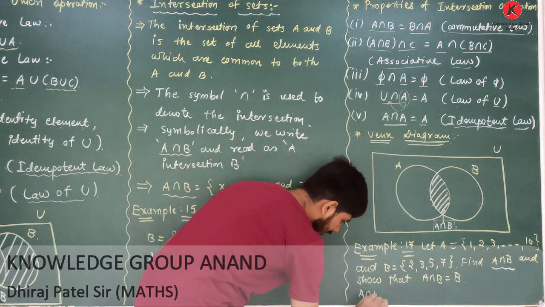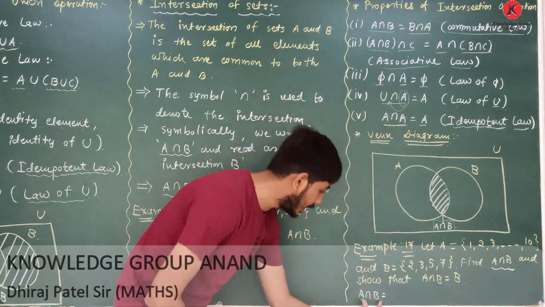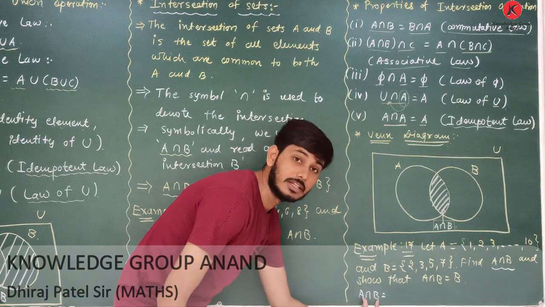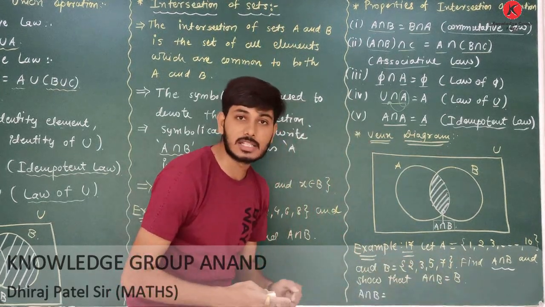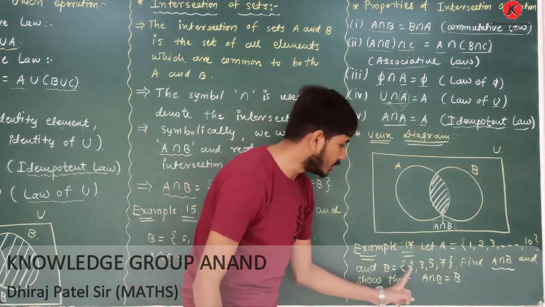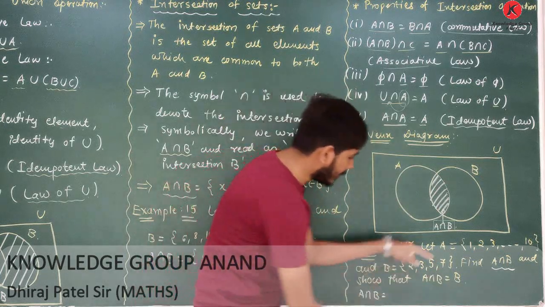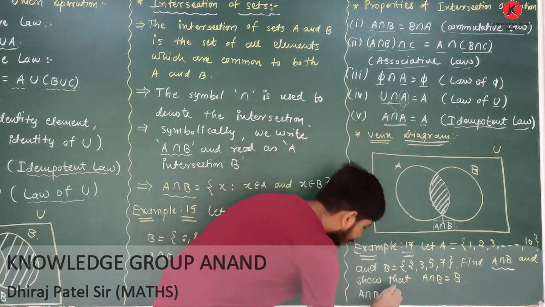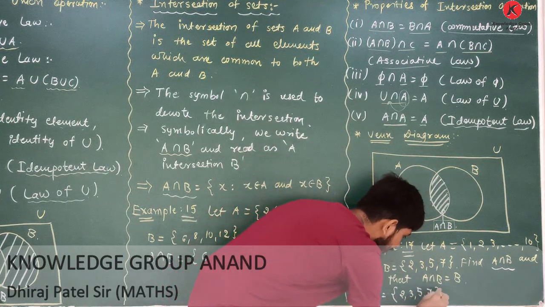That means all the elements which are common in set A and in set B. Here set A has 1, 2, 3, 4, 5, 6, 7, 8, 9 and 10. Set B has 2, 3, 5 and 7. Therefore, the common elements between A and B are 2, 3, 5 and 7.